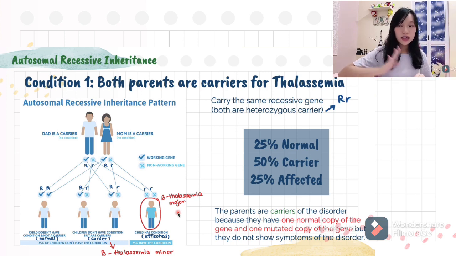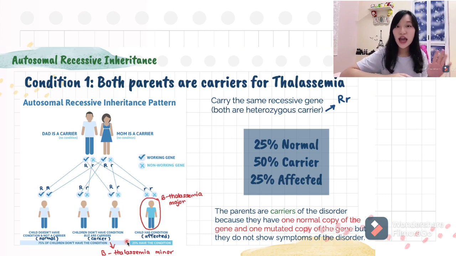So distinctly, if the individual is only a carrier for this genetic disorder, it means that person has beta thalassemia minor. Because beta thalassemia minor is a condition where the individual only inherits one mutated gene from one of the parents, and the other gene is normal.